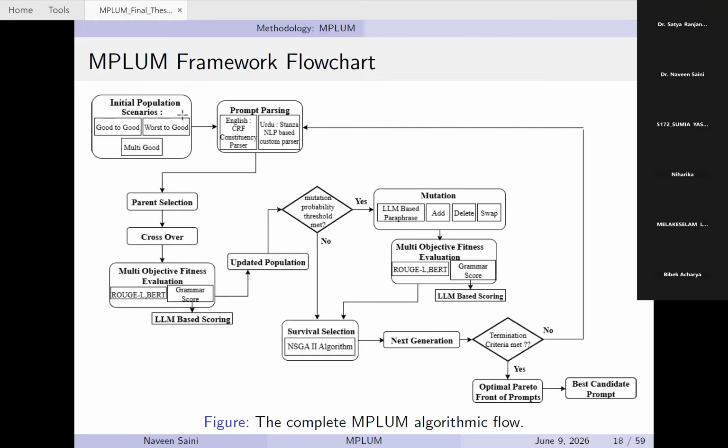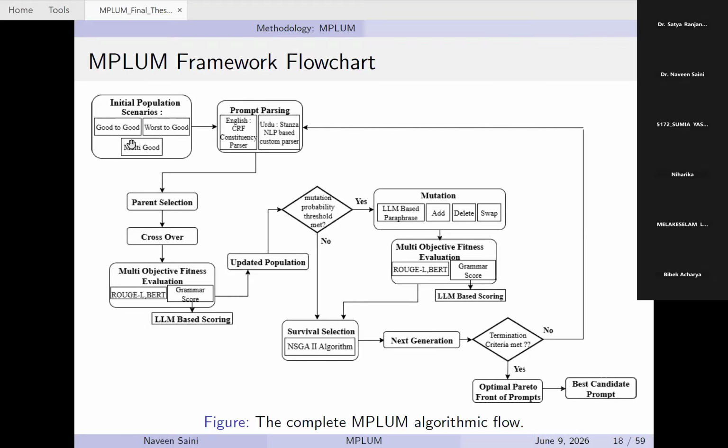In worst to good, we assume the person writing the prompt is not good at writing prompts, so all the prompts written initially are not good. Good to good means all the prompts are different in nature, but all are good, all diverse in nature.